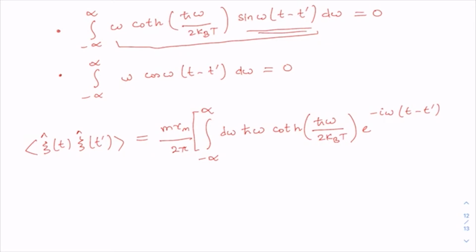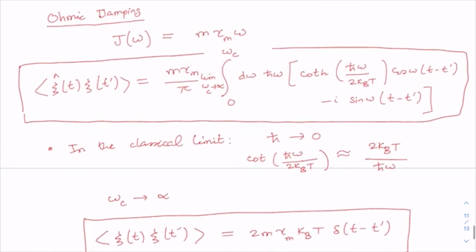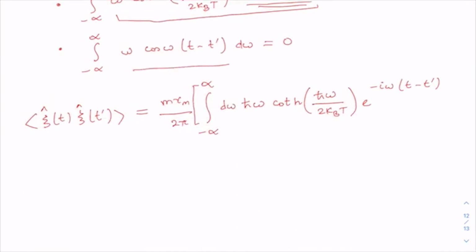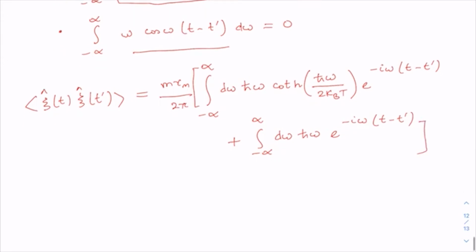And for the second term, in a similar way I can utilize this particular property, and then I can write it as the integral from minus infinity to plus infinity of dω ħω e to the power minus iω(t − t'), and this is what I will get.